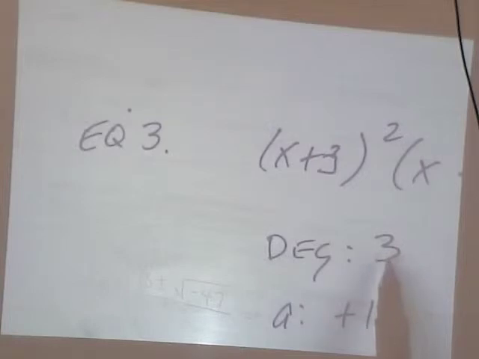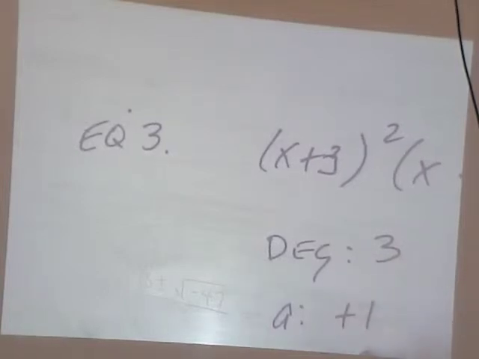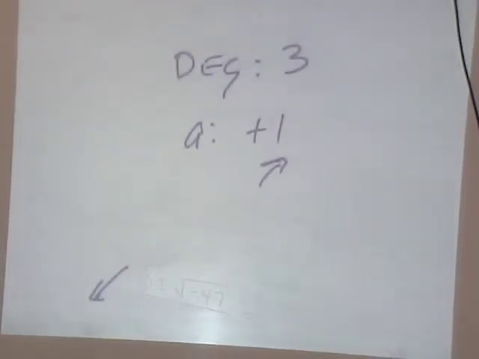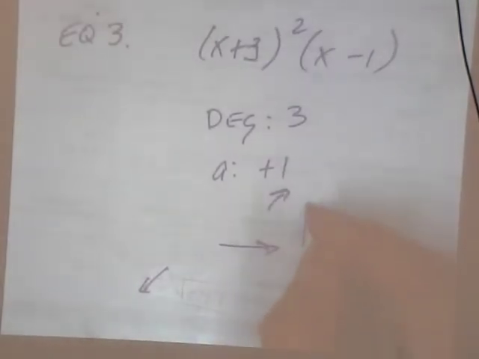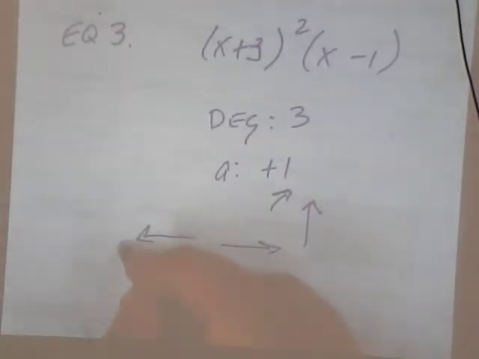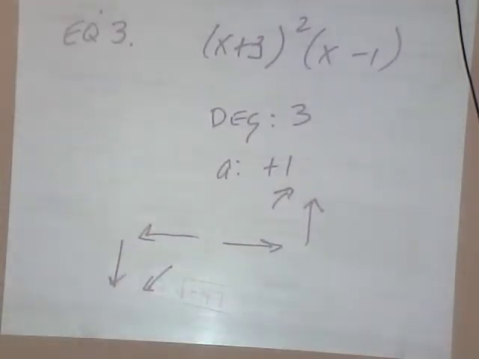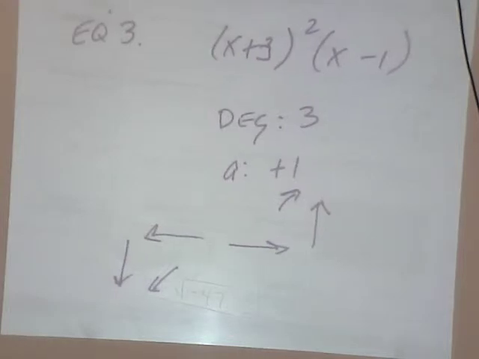It's going to behave a lot like a linear function with a positive slope. So as x approaches infinity, the y value is going to approach infinity. And as x goes to negative infinity, the y value is also going to go to negative infinity. So that's going to be A and D.